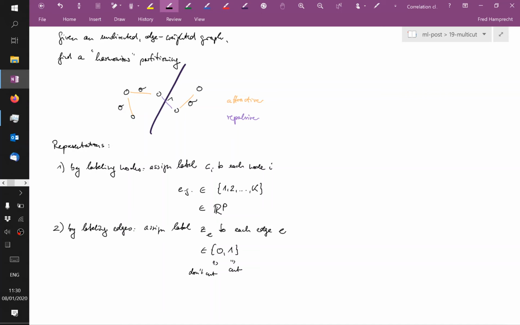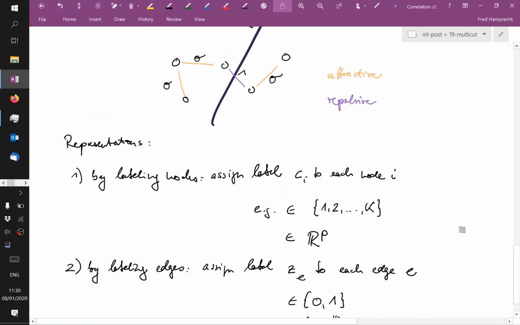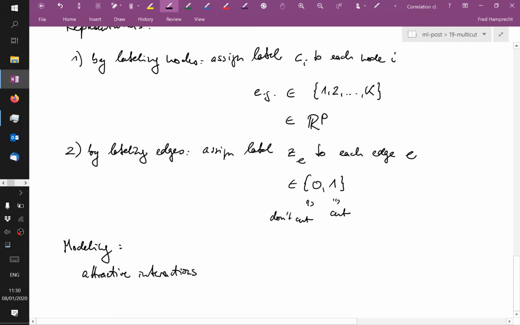Good. Then I've been talking about these interactions, so we need to somehow model them here. I'm going to say that we have attractive interactions between nodes i and j, which I would call w_ij plus.